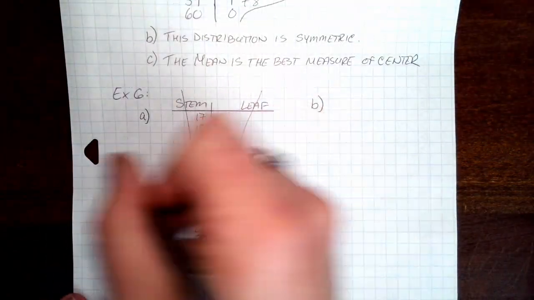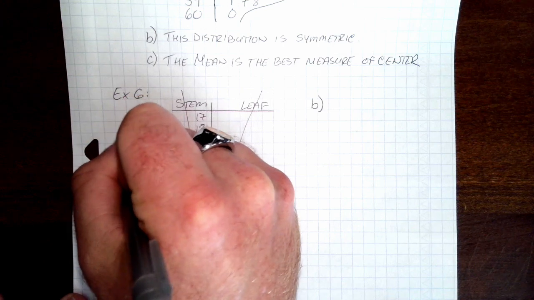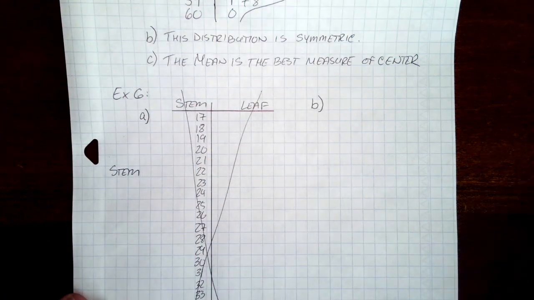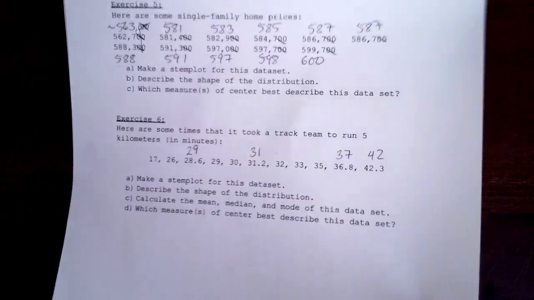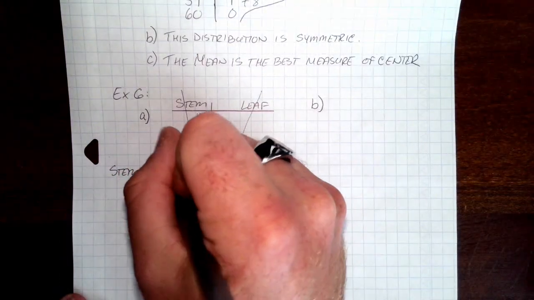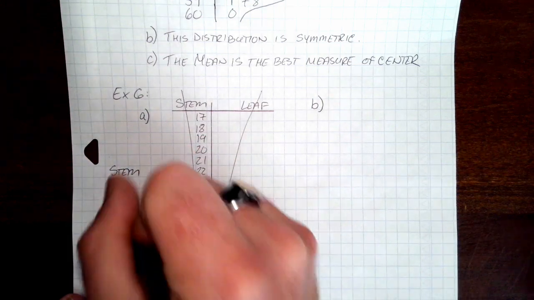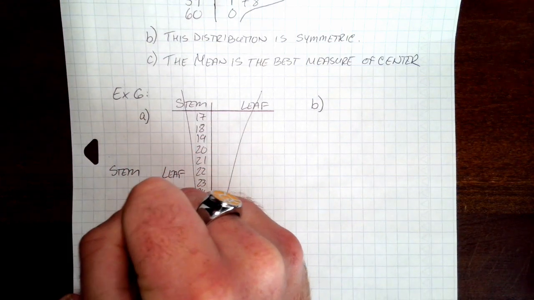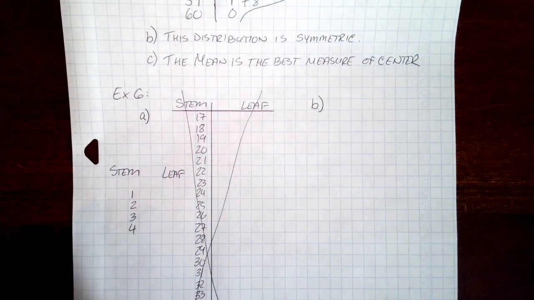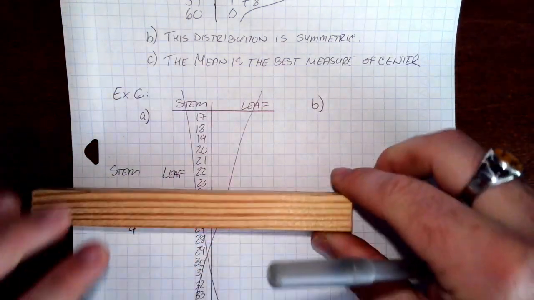Instead, since we now only have 2 digits everywhere, going from 17 to 42, that means our stems only have to go from 10, 20, 30, up to 40. We'll use a straight edge.